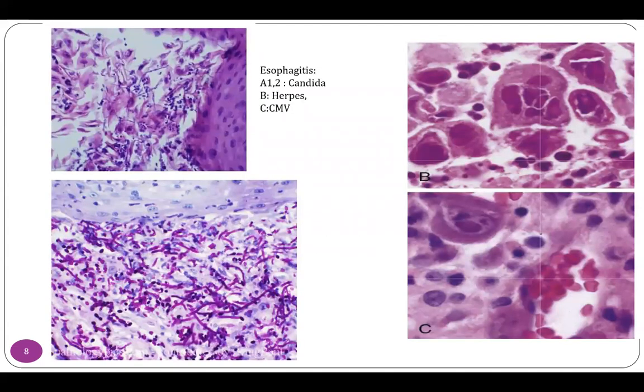If we start with candida, or fungal esophagitis, it's the same as any fungal or candida infection anywhere around the mouth. It shows the same gross pathology, the same clinical appearance.